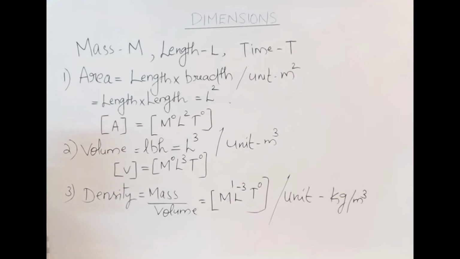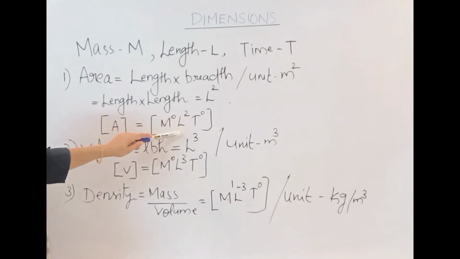Is it clear? Here we can say that the dimension of area is 2 in length, then 0 in mass and time. So this power is called the dimension. Here 2 is the dimension of area in length, right?